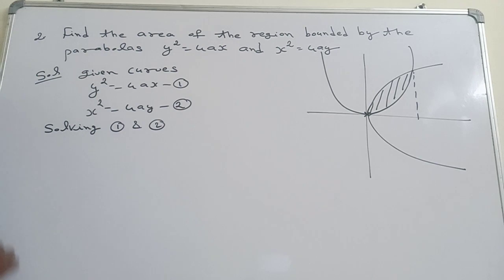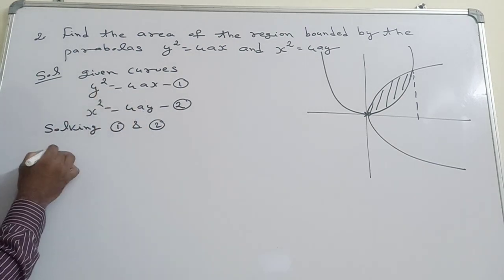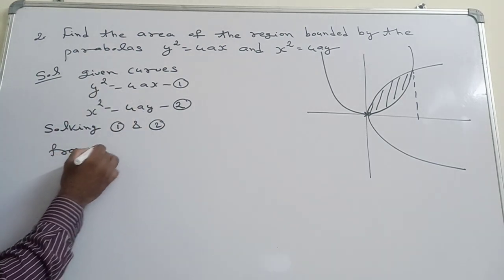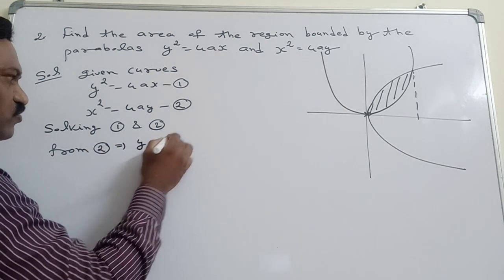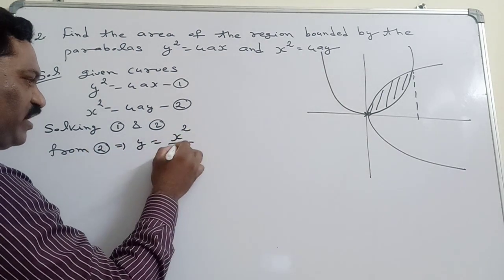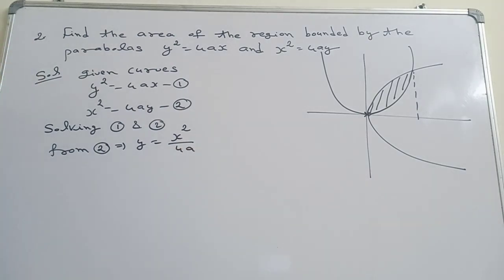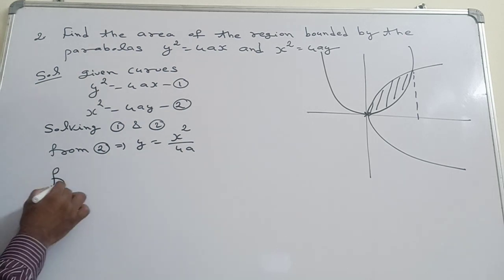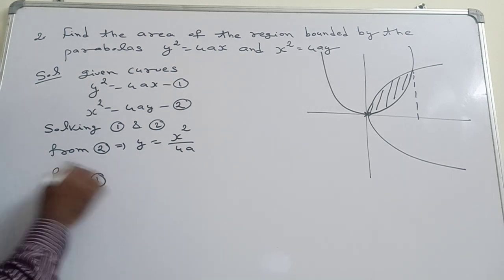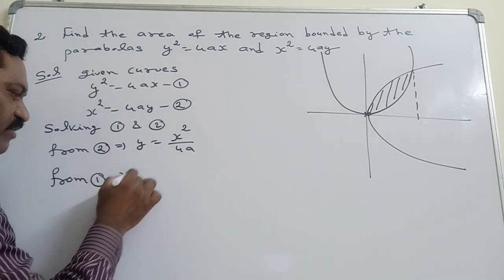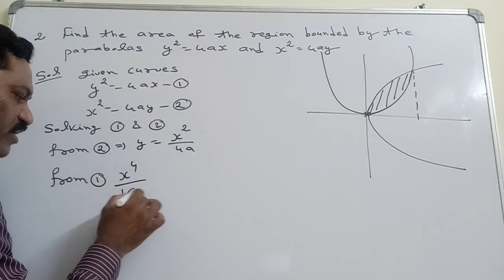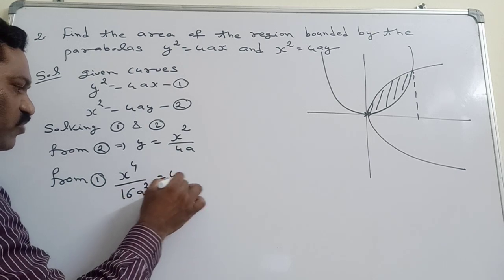First, from the second equation, we find the value of y in terms of x: y is equal to x square upon 4a. Substitute that y value in equation 1: y square gives x power 4 upon 16a square is equal to 4ax.